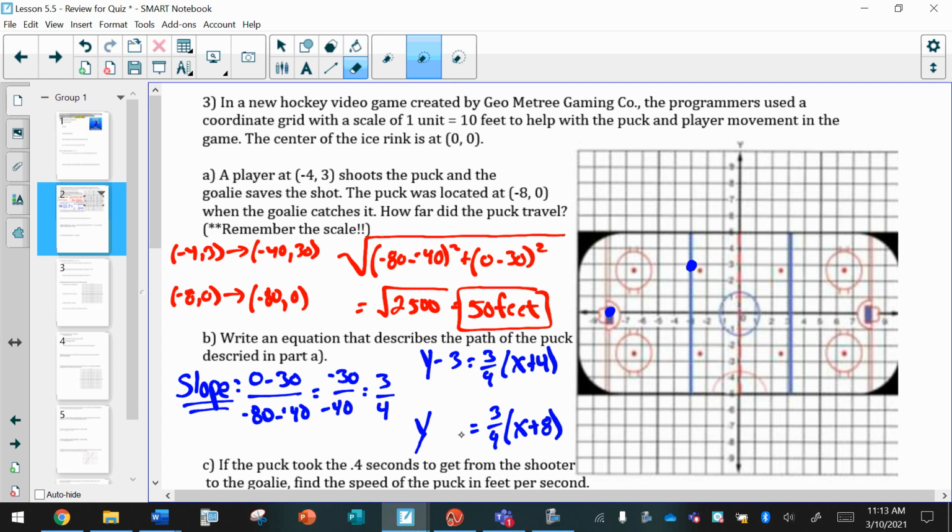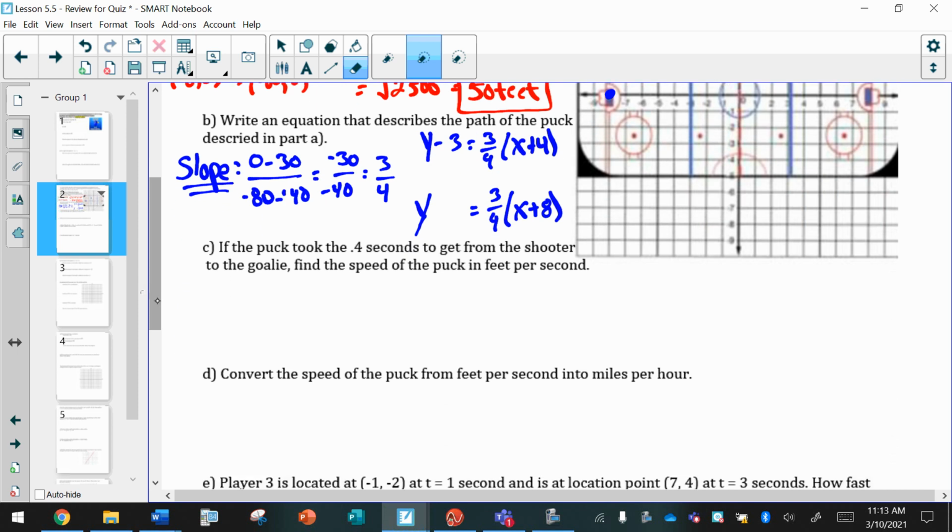And part C, if the puck took 0.4 seconds to get from the shooter to the goalie, find the speed of the puck in feet per second. Well, remember, we're going to use dirt. Distance equals rate times time. We've already figured out through the calculations that we did above that our distance is 50 feet.